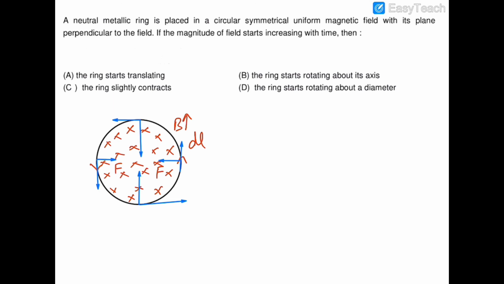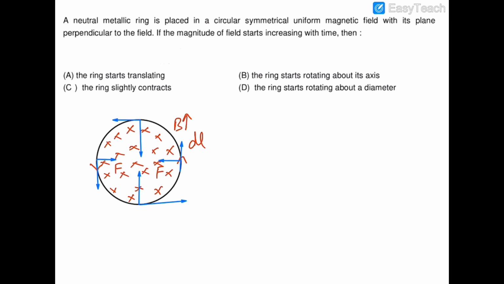And to decrease this flux, the ring will try to contract, because by contracting, the ring will decrease its area, and due to decreased area, the flux will be decreased. So to decrease the increasing flux, the ring will contract as its area will decrease.